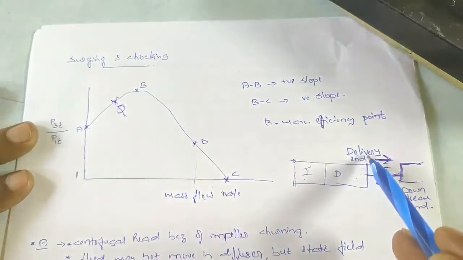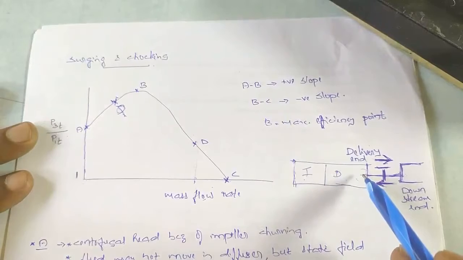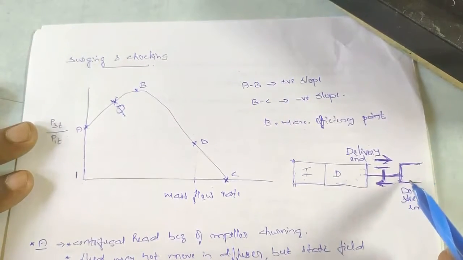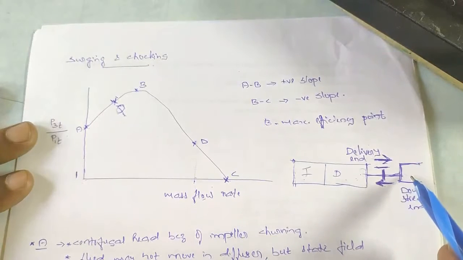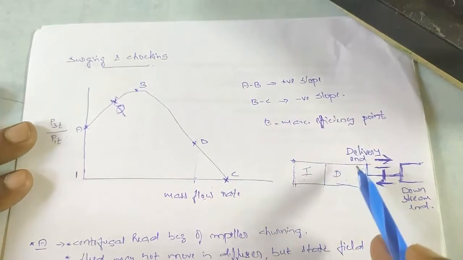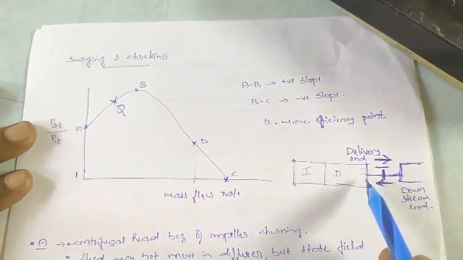That means the pressure will decrease at the delivery end rapidly. But this rapid reduction in pressure will not happen in the downstream end. So the pressure in the downstream end will be more than the pressure in the delivery end after some instant. This will cause a reversal of flow from the downstream end to the delivery end.